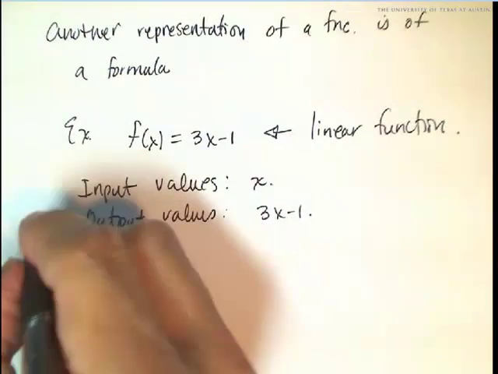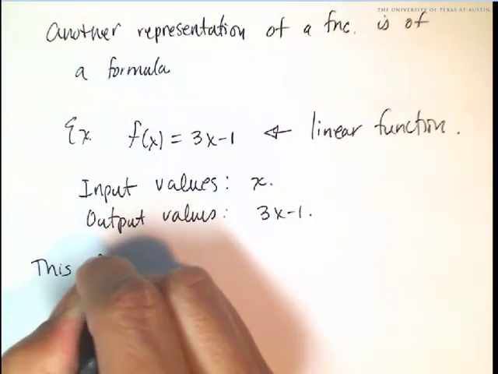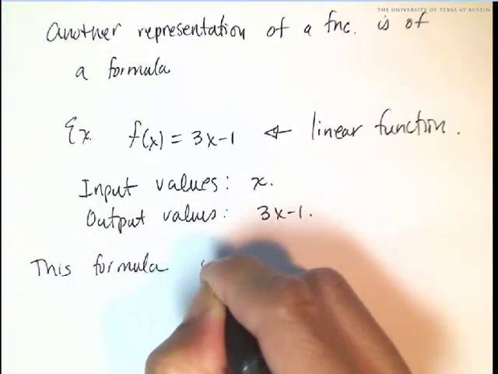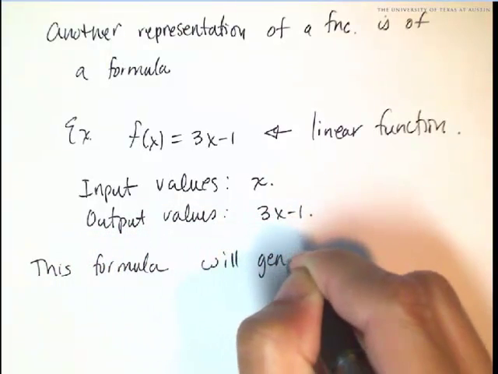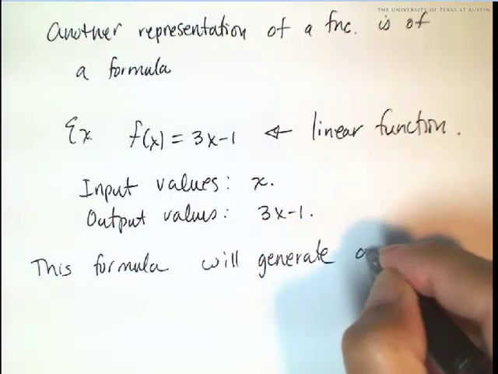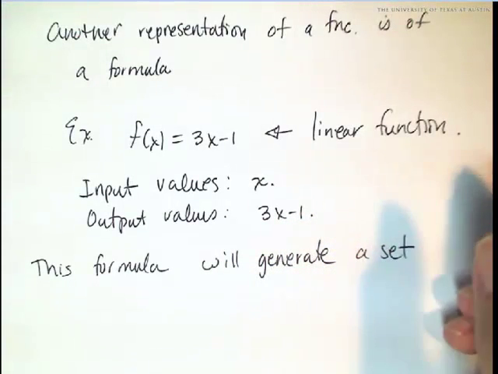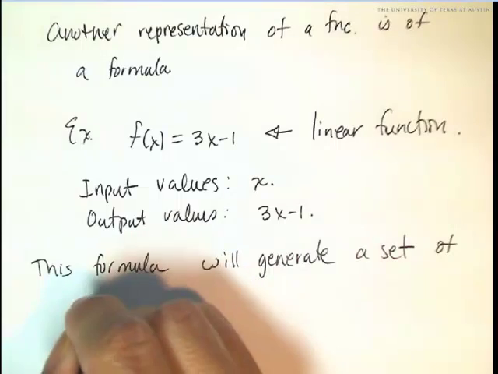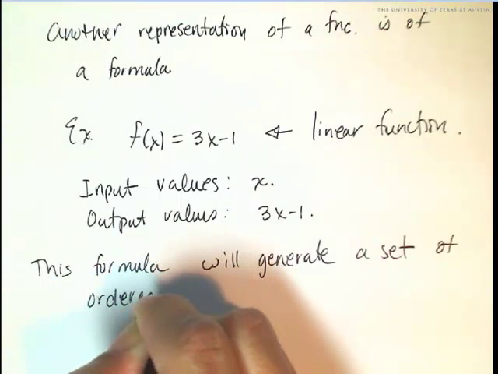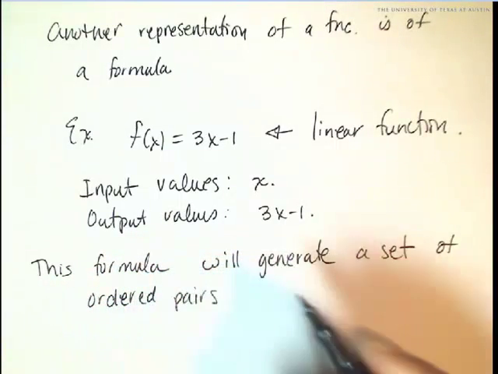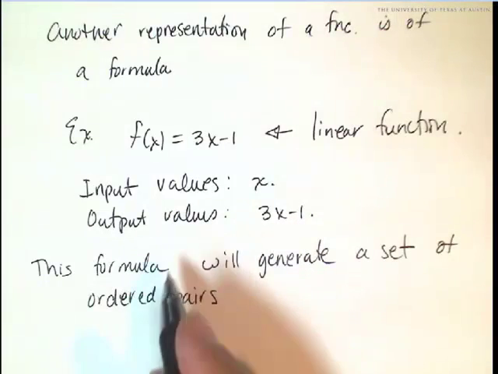Now, this formula will generate a set of ordered pairs, actually infinitely many, so we certainly can't list them all here. So let's just list a few.